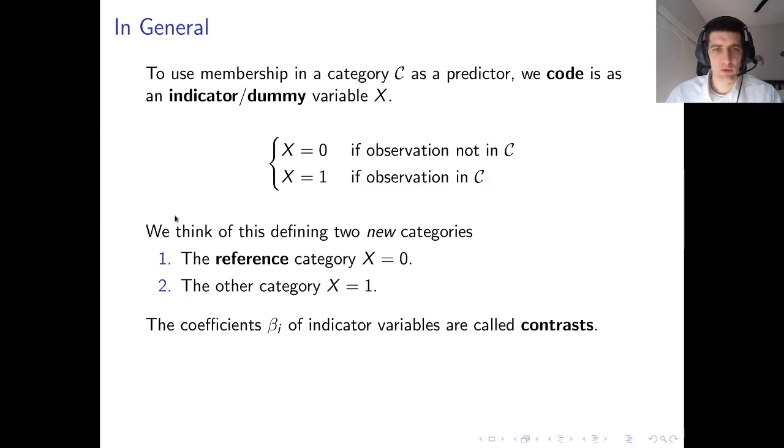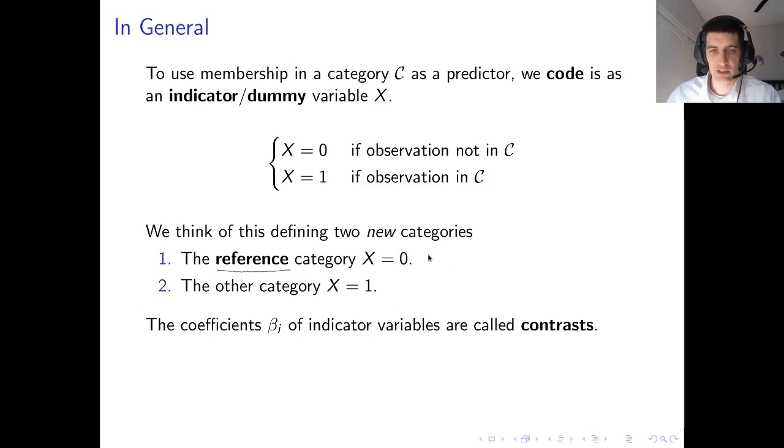Okay, so there's two categories here: for category C, we have membership in the category and the complementary category, which is not in this category C. And so we refer to this x equals 0 category as the reference category.